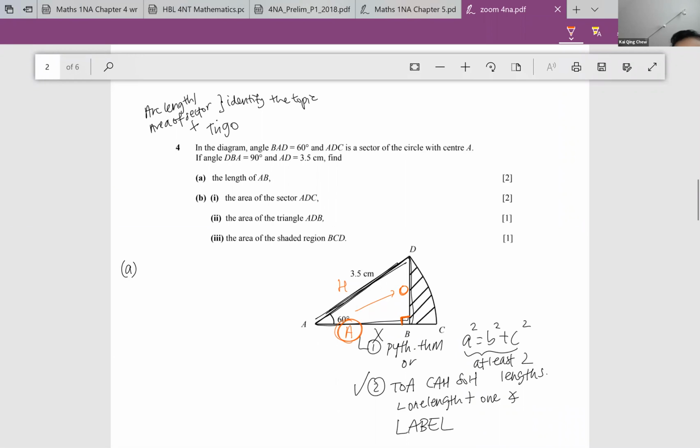That means I need to have A. What I have is H. Remember, how to decide which one to use in SOH CAH TOA is to write down what you have and what you want to find. Remember this? Okay, so I want to find A, I have H. So SOH CAH TOA, I use CAH. Okay, so cosine 60 is equal to A over H. A is AB over H.